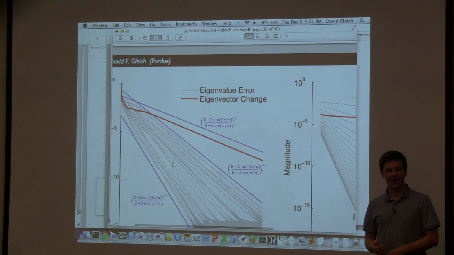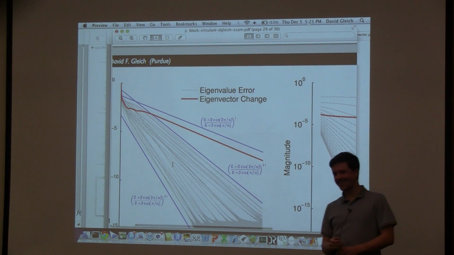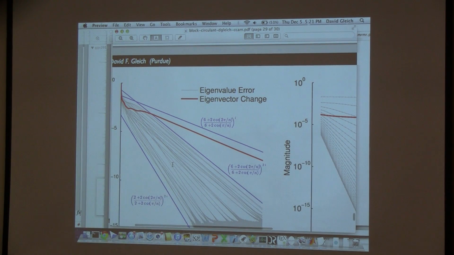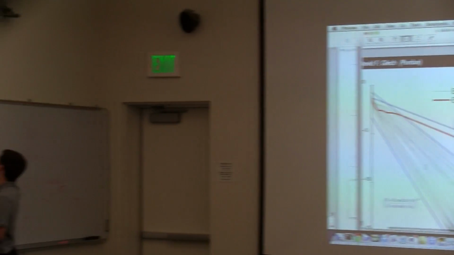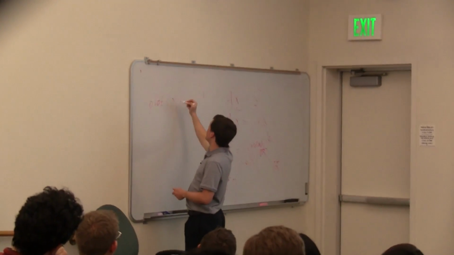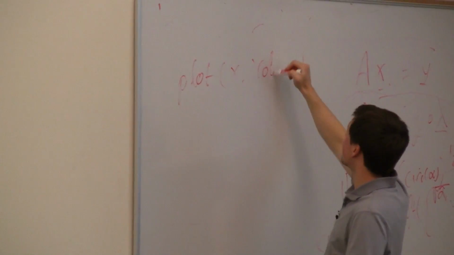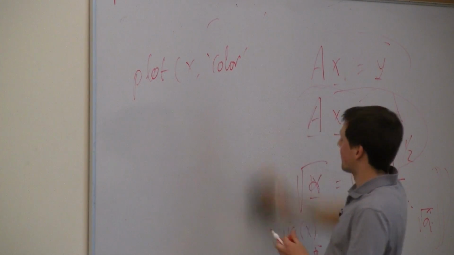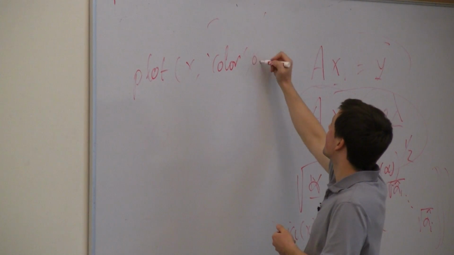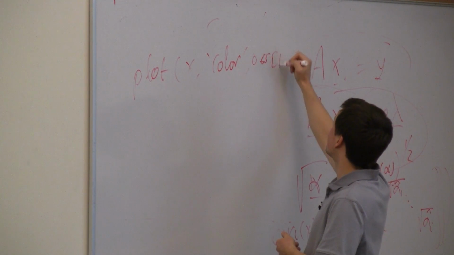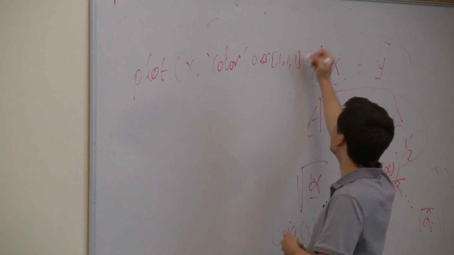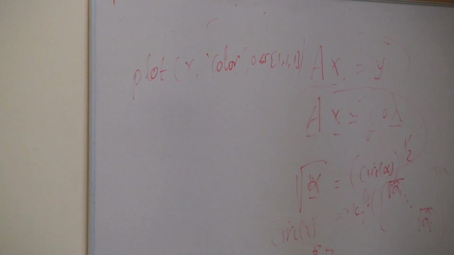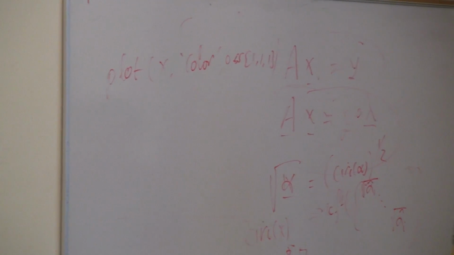You just tell MATLAB you want a gray line. I think it's plot. The way I would do it is plot x, color, and then my preferred one is 0.55 times 1, 1, 1. So you should get a nice gray line if you do that.